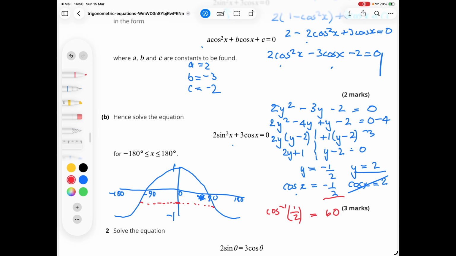Cos to the minus 1 of minus 0.5 equals 120. That isn't quite well drawn, but anyway, that goes up to 120. So that means it's also minus 120. And so the answer is that if we solve the equation, then x equals 120 and minus 120 between those values.